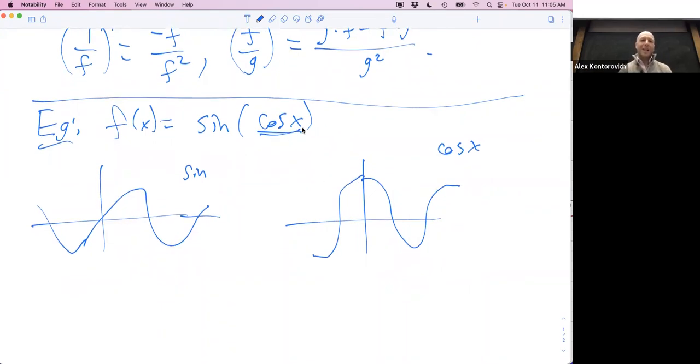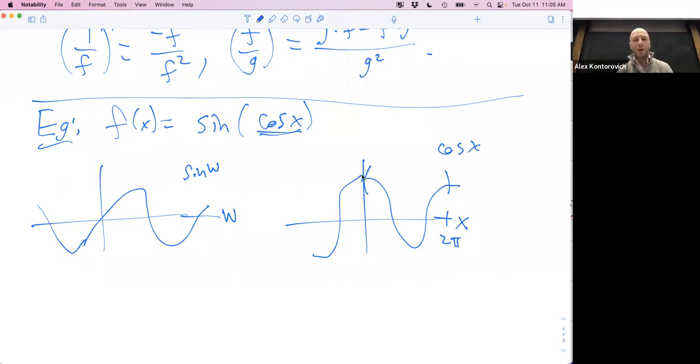Well, let me think of this as a function of w. So this is a graph of sine of w, and this is a graph of cosine of x. So as x ranges, let's say from 0 to 2 pi, so here's 2 pi, once we know what the graph of this thing is in this range, we know everything about it.